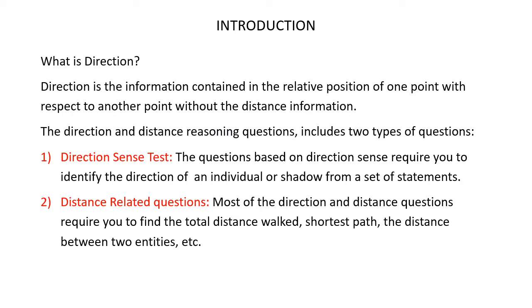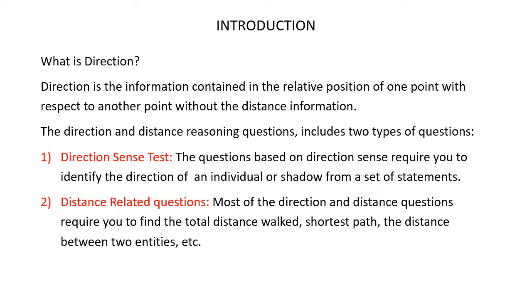Now the direction and distance reasoning questions include two types of questions: direction sense test and distance related questions. Direction sense test: the questions based on direction sense require you to identify the direction of an individual or shadow from a set of statements.